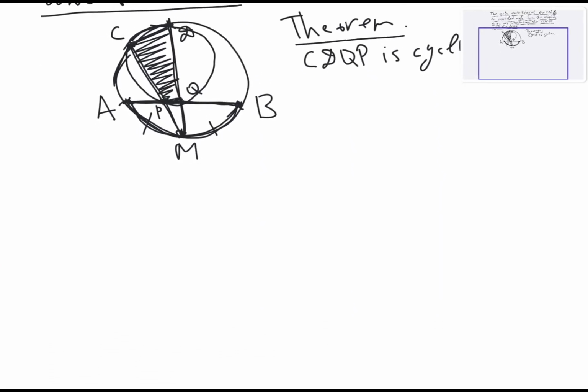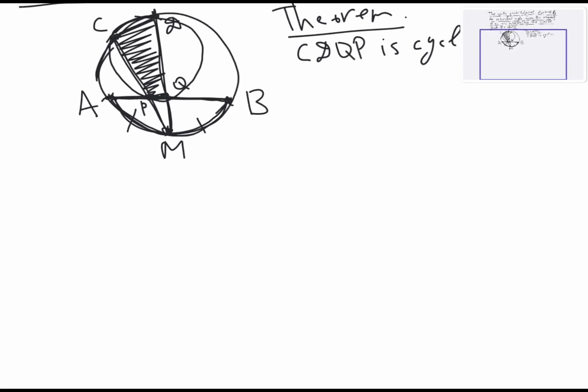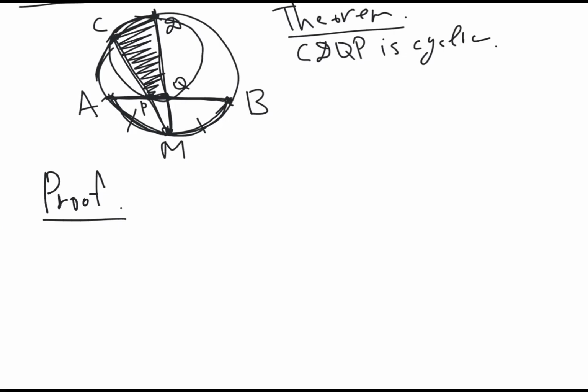Okay, so let's prove the theorem. You notice that one of the criteria of a cyclic quadrilateral is that the sum of its opposite angles is 180 degrees.